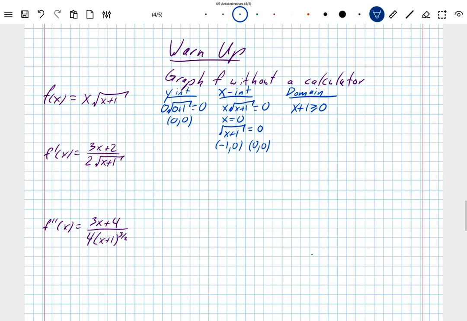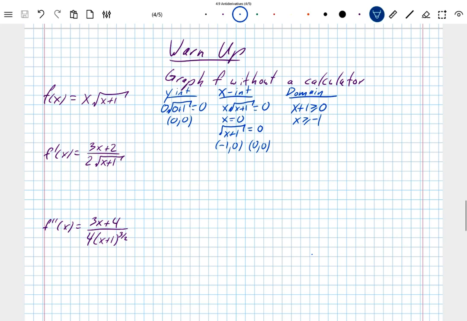If I solve this out, I just get x is greater than or equal to -1. So I shouldn't have anything left of -1. If you don't stop and realize that you need to worry about that, you can do a bunch of work and maybe come up with a bunch of, say, critical points or inflection points that actually don't exist because they're not in your domain. Cool.